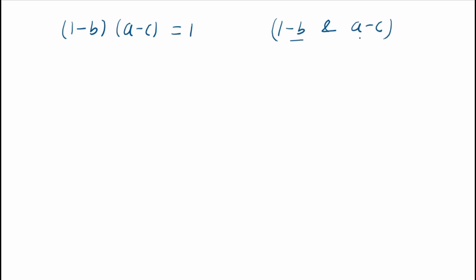On the right hand side we have 1, and on the left hand side we have two factors. First factor is 1 minus b and second factor is a minus c. The factors of 1 are 1 times 1 and minus 1 times minus 1. So we have two cases.